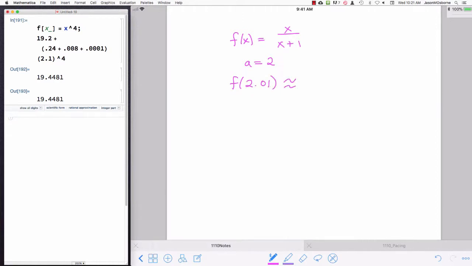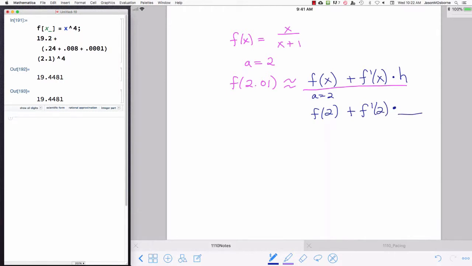All you need to do, according to the calculus formula, is the function evaluated at x plus the derivative evaluated at x multiplied by h. Our point of interest is 2, so we need the function evaluated at 2, the derivative evaluated at 2, and a particular value of h.